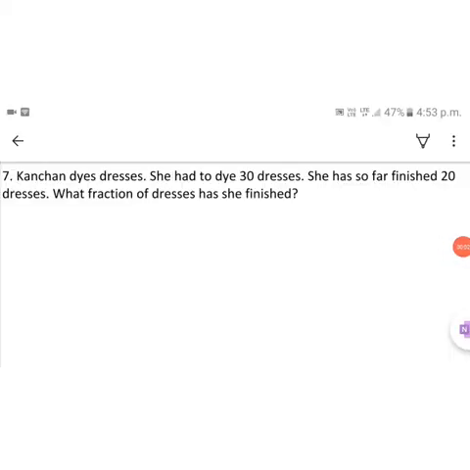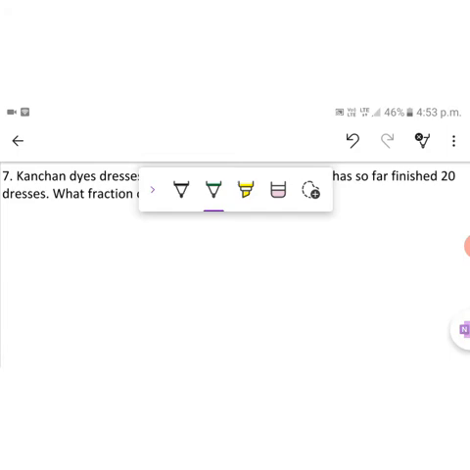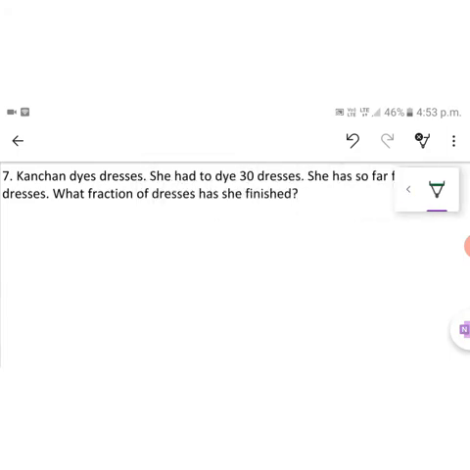Question number 7. Kanchan dyes dresses. She had to dye 30 dresses. She has so far finished 20 dresses. What fraction of dresses has she finished? Total dresses equal to 30.